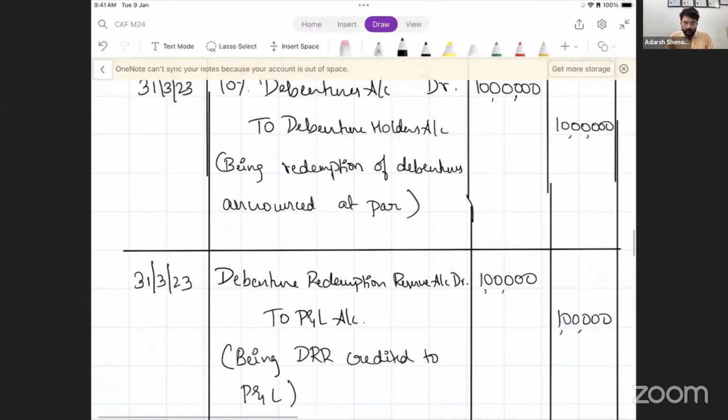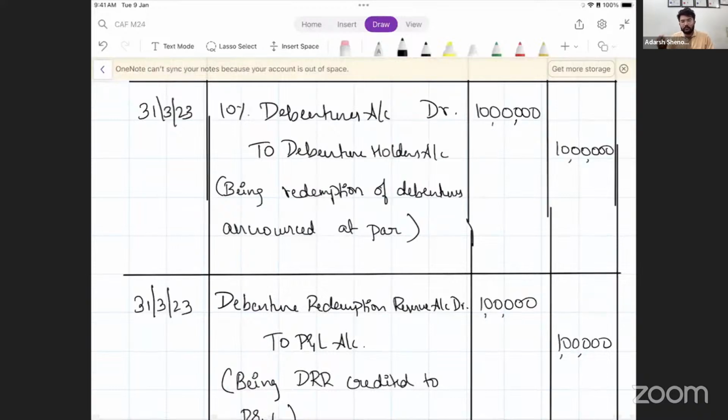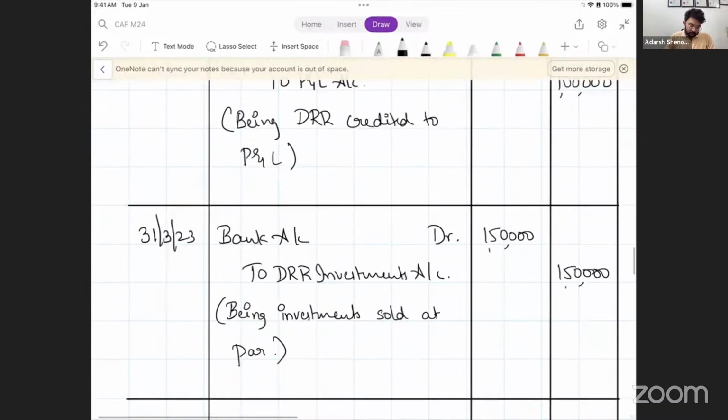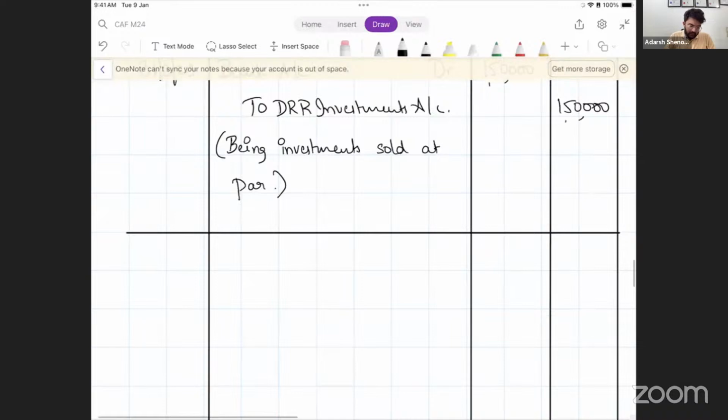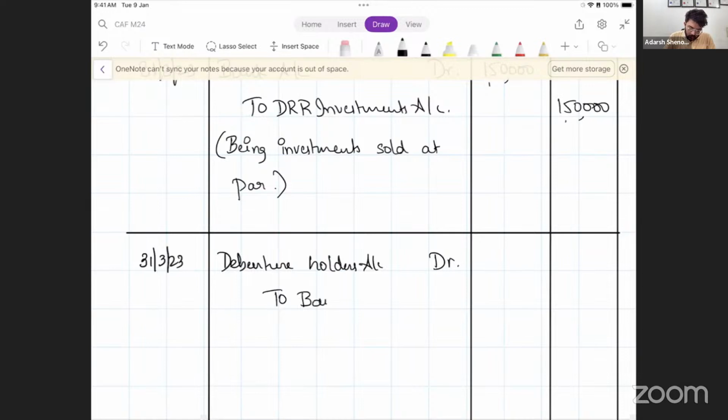Next. So out of the five possible entries, we already passed three entries. Next one is to make the payment, right? At redemption, I told you five maximum entries are possible. So three entries are done. Now the fourth one is to make the payment. So debenture holders account debit to bank account.